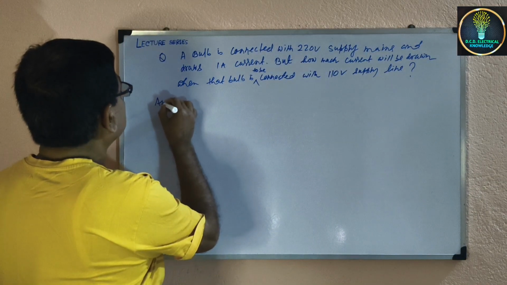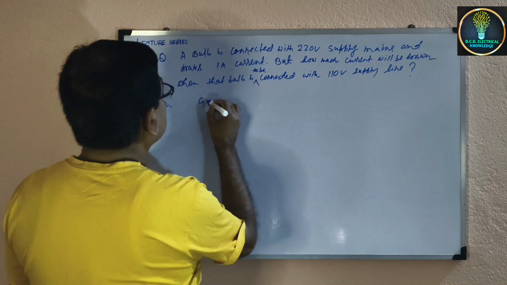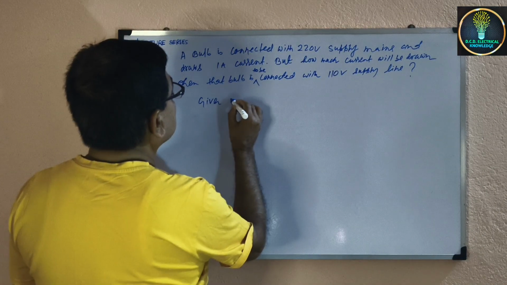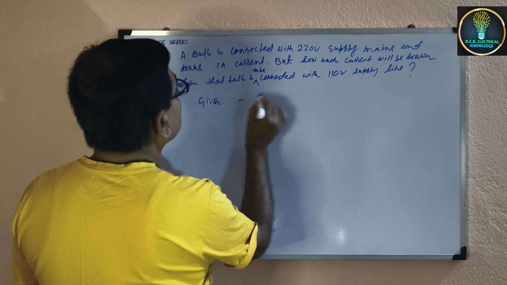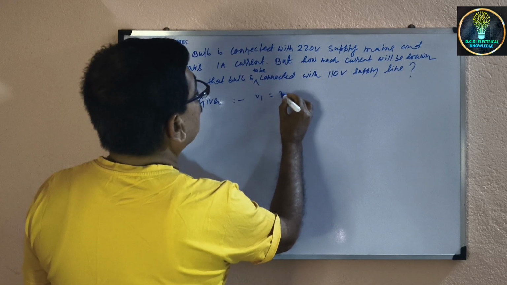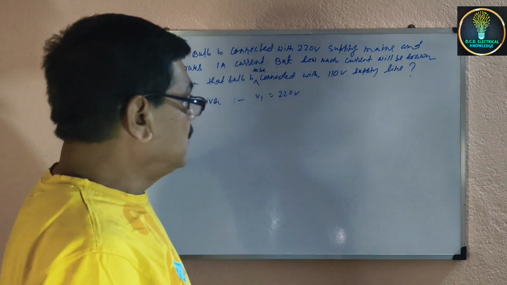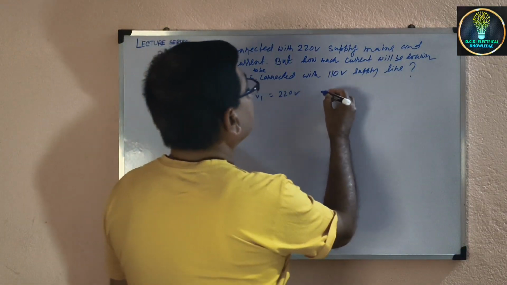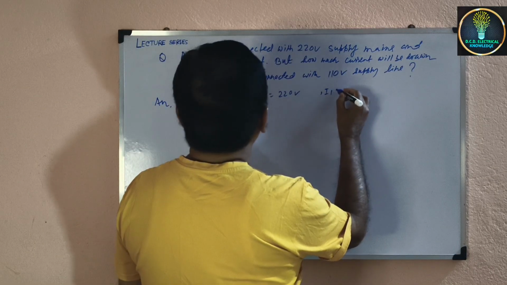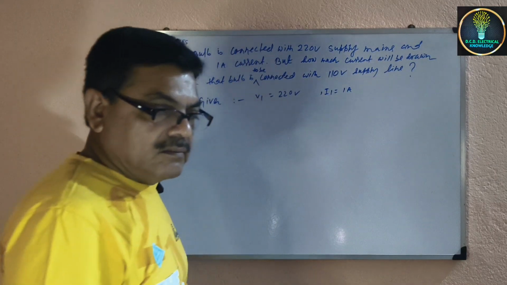The procedure is that given data is V1 is equal to 220 volt and the current drawn, that is I1, is equal to 1 ampere. Okay.